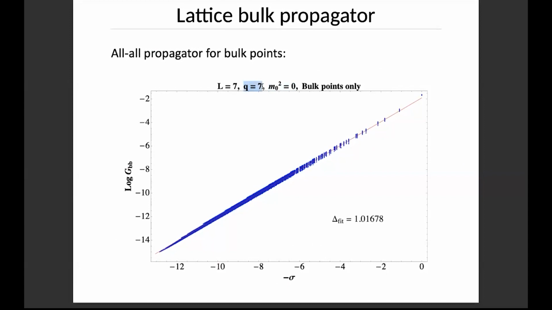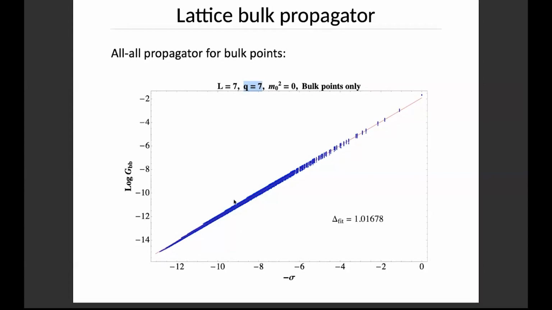And I'm going to look at the all-to-all propagator for all the bulk points. So we have our lattice on the disk, and I'm literally calculating the propagator from one point to the other, all to all. There are quite a few points in there, with a bit of redundancy because the lattice actually has a 7-fold symmetry, but that's okay, small detail aside.